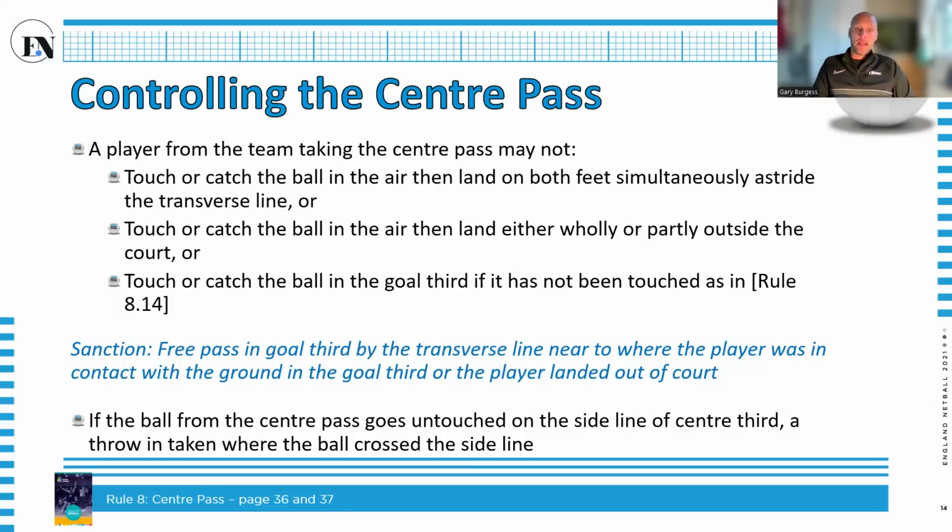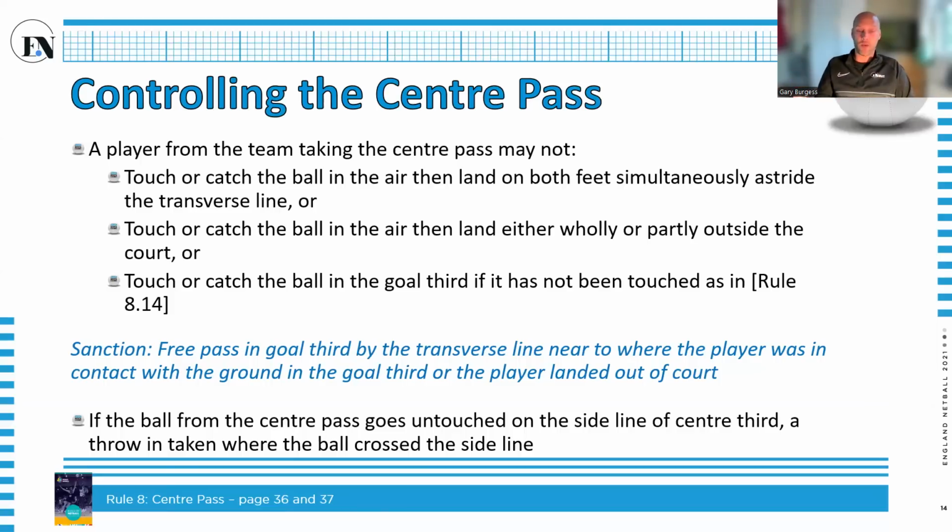Okay. Now, what I will say here is that the statement I've just made often leads again to people scratching their heads. This does not mean that a centre taking the centre pass, who steps into the centre and passes the ball, that goes off court on the sidelines bounding the centre third, so not across the transverse line, it goes out from the sides untouched, that also still results in a throw-in, not the sanction being taken in the goal third.